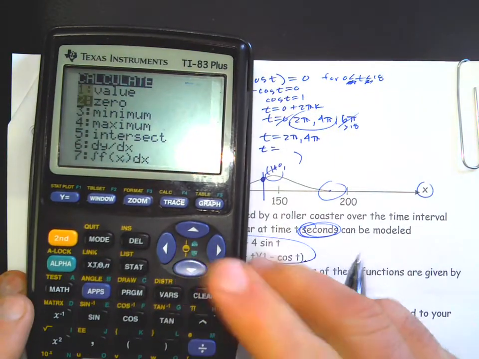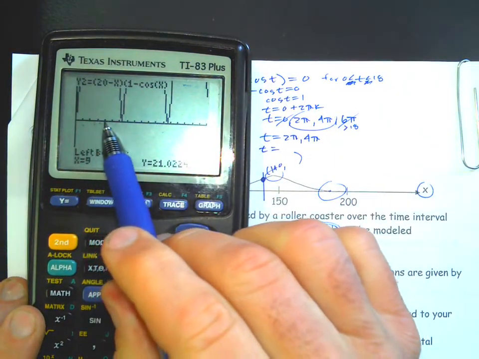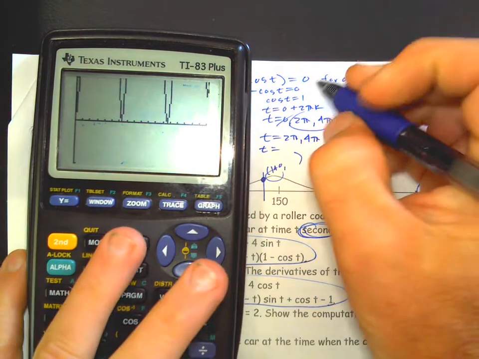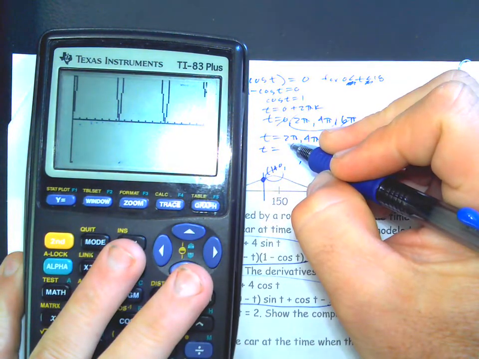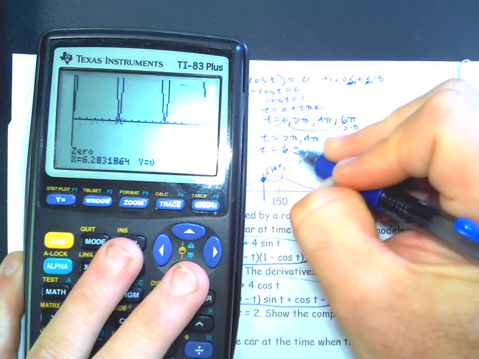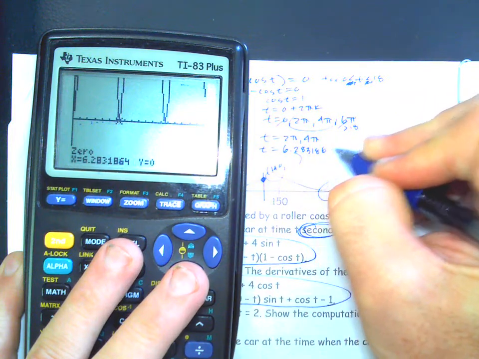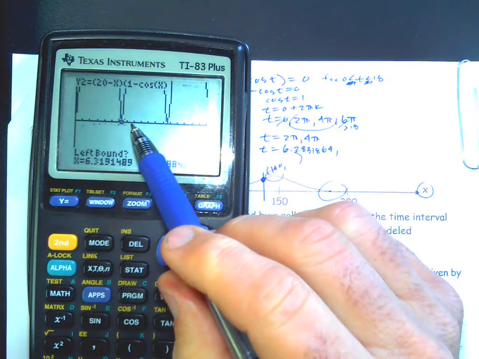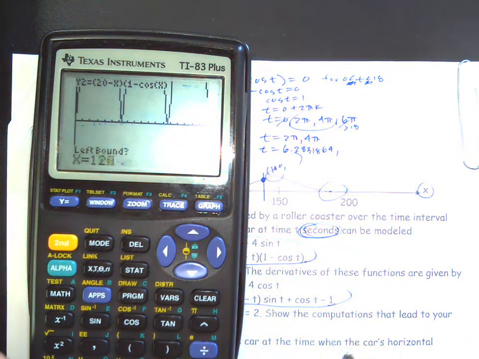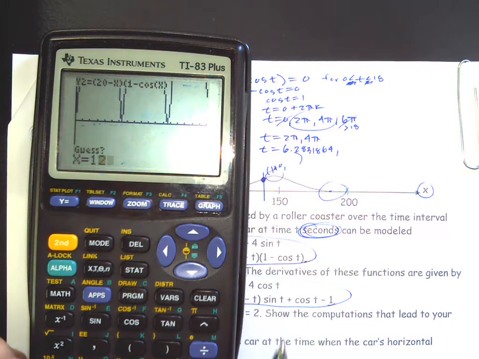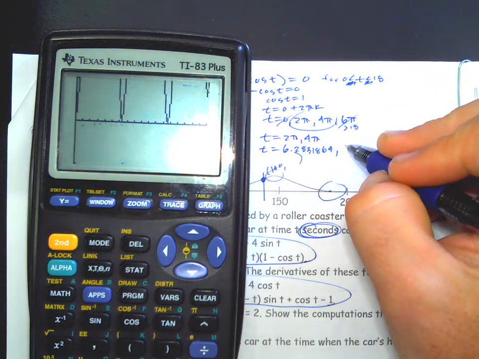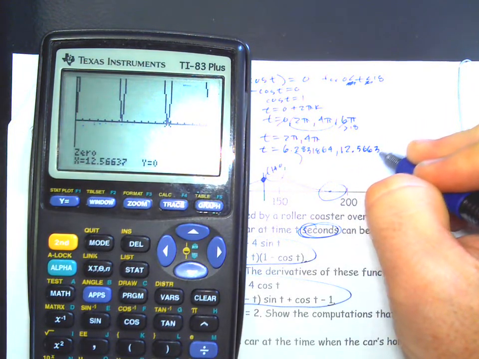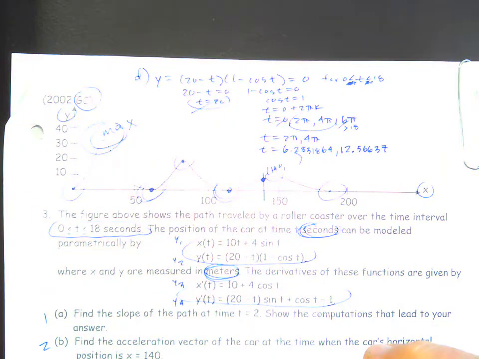And we could do 0 and say, oh, 1, 2, 3, 4, 5, 6, between 6 and 7. And hopefully it finds it. 6.283186. And then the other one, looks like that was 6, 7, 8, 9, 10, 11, 12. 12 to 13, guess 12.5. 12.56637, which are really close to 2 pi and 4 pi.